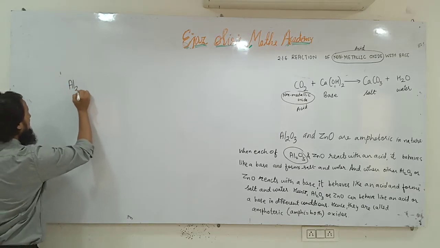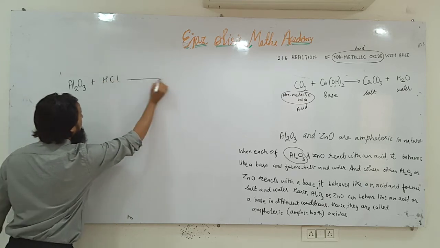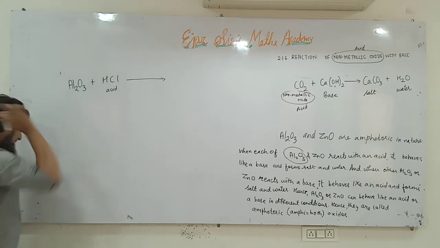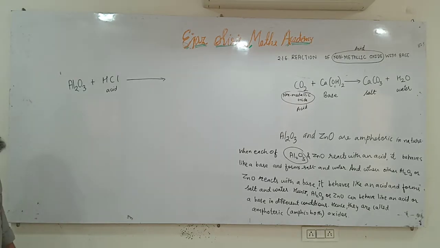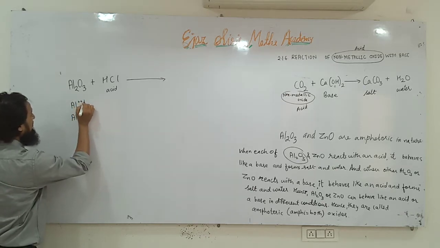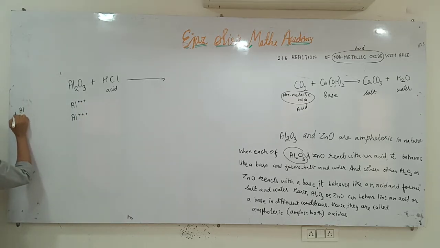See, this is Al2O3, aluminum oxide, plus HCl. We know this is an acid. And do you know how to balance chemical reactions? Aluminum is 2, so Al is 2. Al is 3 positive. Do you know why? Because aluminum has atomic number 13.